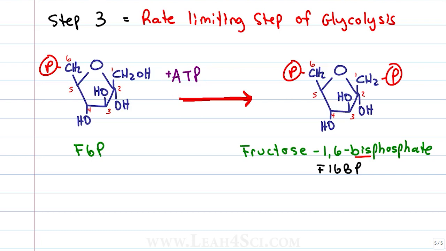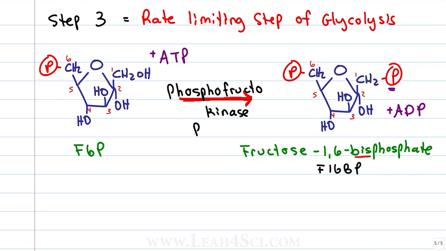ATP, adenosine triphosphate, having given up the phosphate, is now left with only 2 for ADP, adenosine diphosphate. The enzyme that catalyzes this reaction is called phosphofructokinase, or PFK, and is considered the most important enzyme in glycolysis.